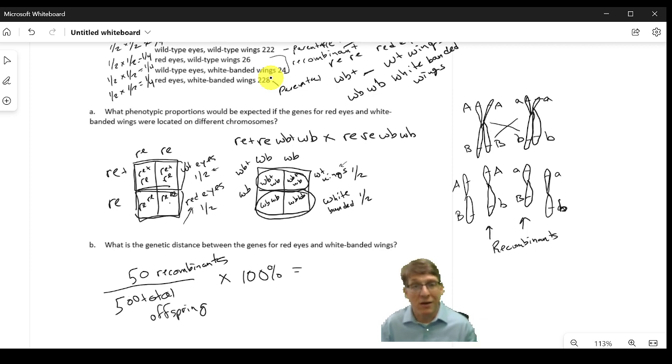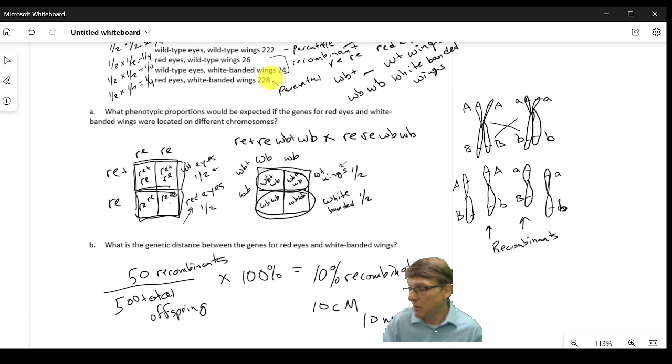We multiply by 100, that gives us 10% recombination. We can also say this as 10 centimorgans or 10 map units, which we abbreviate as 10 MU. All of them would be equivalent. Okay, so that's how we can calculate recombination frequency using a test cross.